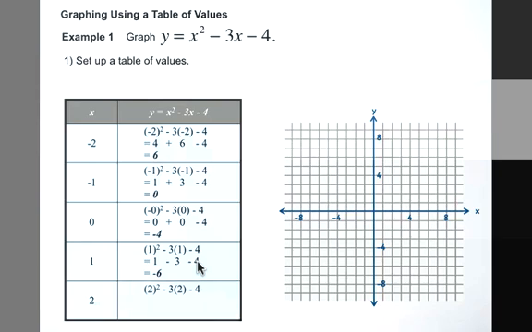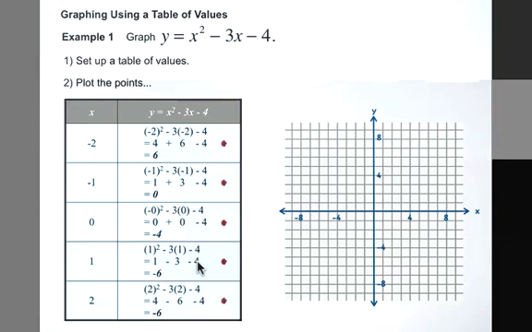And finally, our last point, when x is 2, y is equal to 2 squared minus 3 times 2 minus 4. So 4 minus 6 minus 4 is -6.